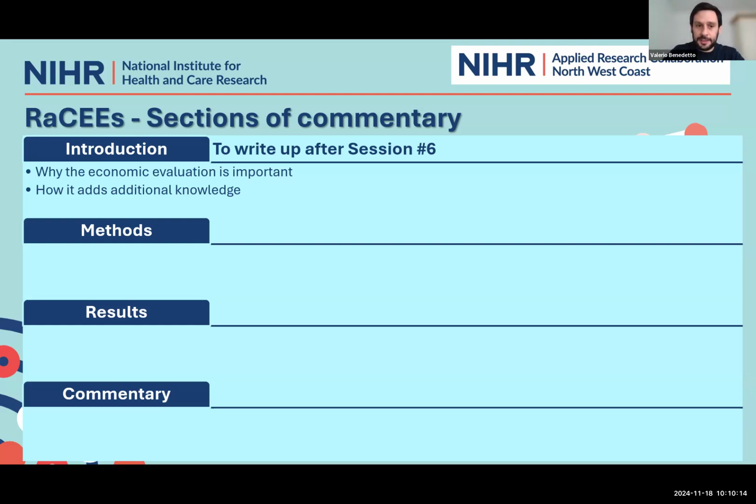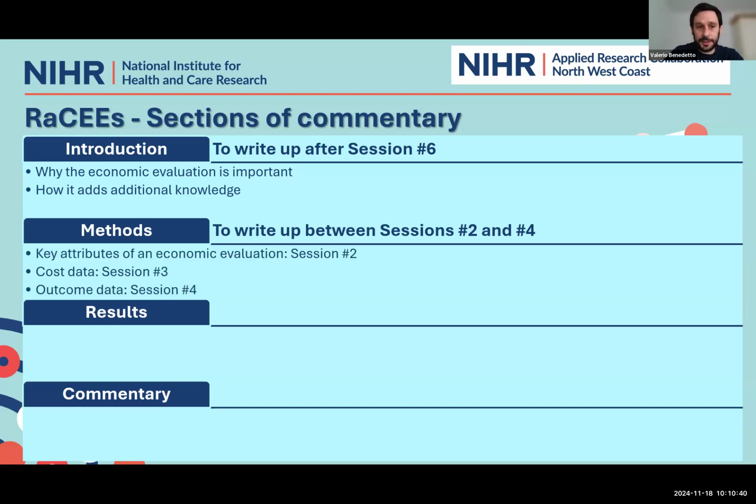In terms of the method and the results, it is simply a matter of summarizing what the authors did. So we will try to summarize what the authors did in terms of the method and also in terms of the results. And we will start extracting information and thinking about the information we need to write up the method section after today's session.